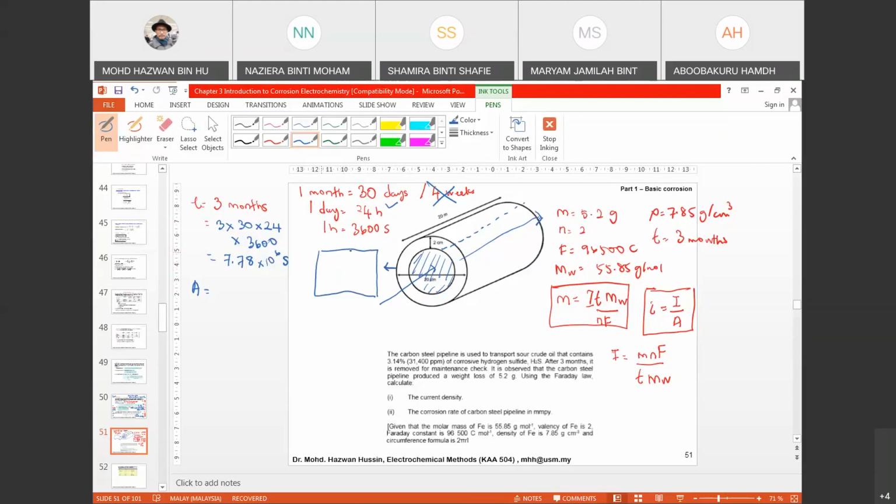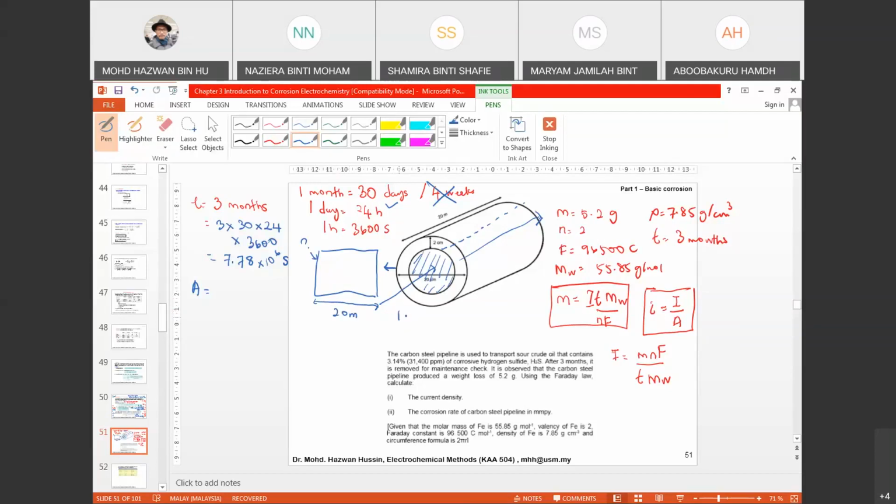This is the circumference, and this is the length. The length over here is 20 meters.